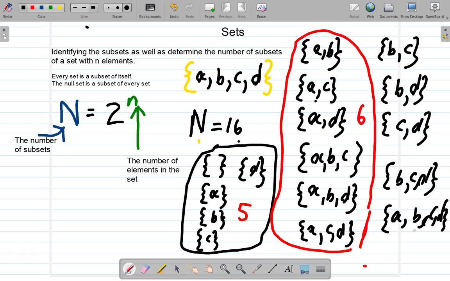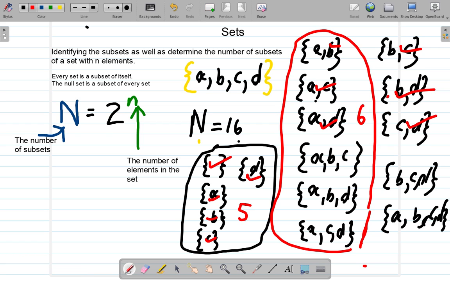Alright, so that's what we have so far. The null set. Then those with 1 element alone, A, B, C, D. Those with 2 elements starting with A: AB, AC, AD. 2 elements starting with B: BC, BD. 2 elements starting with C: CD.